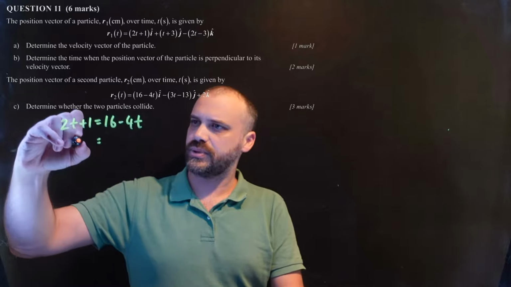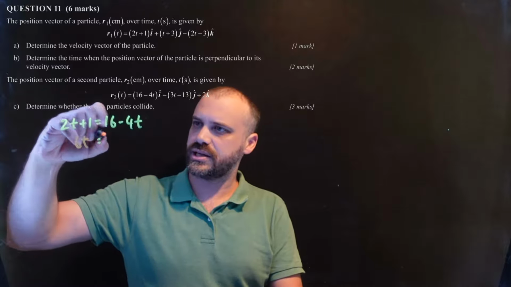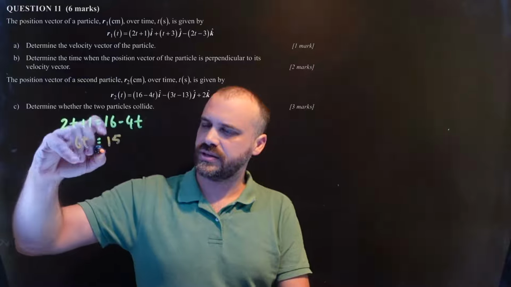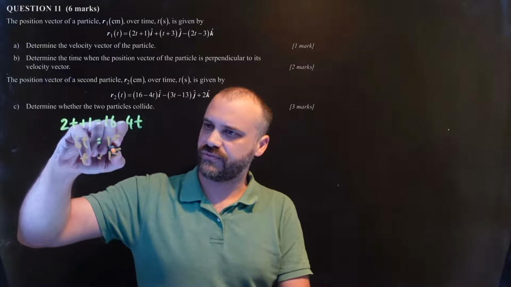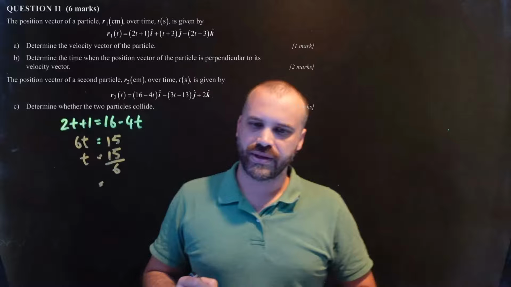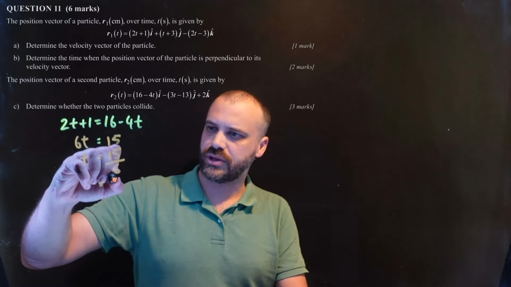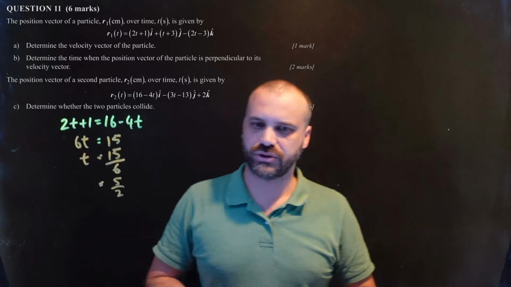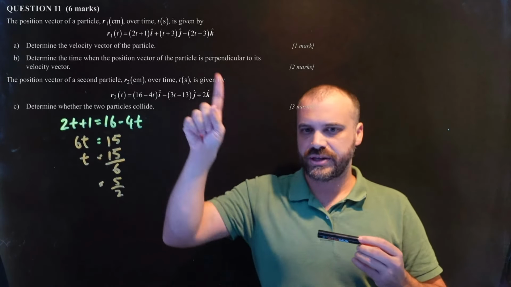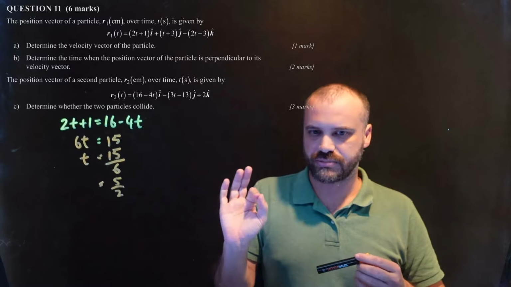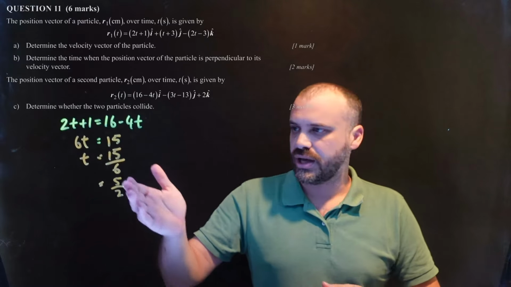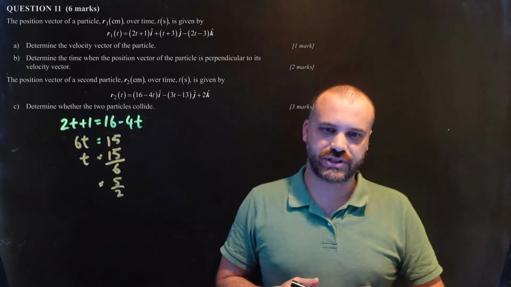Grouping these together, we get 6t equals 15. So t equals 15 over 6. Simplifying that, dividing top and bottom by 3, we'll get 5 over 2. Okay, so these two particles' x coordinates match, or I coordinates match, at time 5 over 2 seconds.